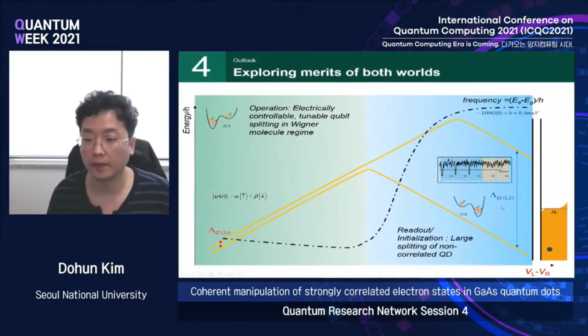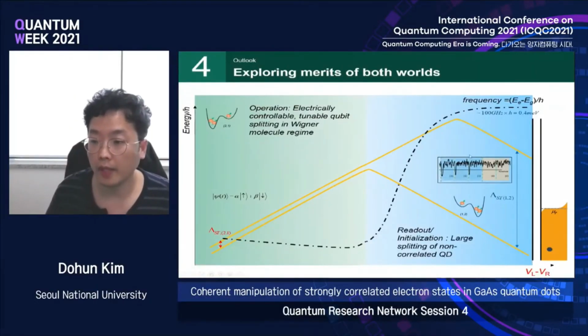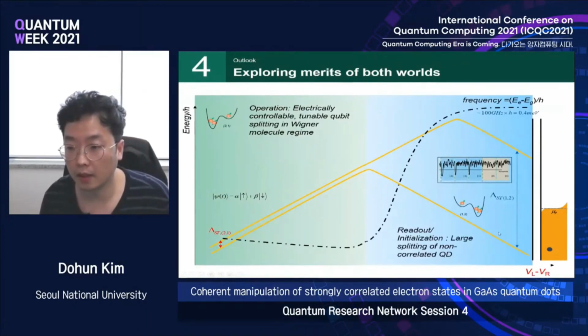Maybe the readout in this case is performed as I showed you. Let me go back here. Yeah, in this slide, what we mean is that this is a situation in the 1-2 configuration.